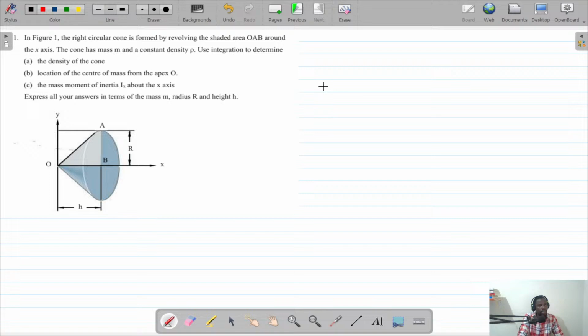Now we are going to say the total mass times x bar should be equal to the integral of x dm. So we are still using our elemental mass.